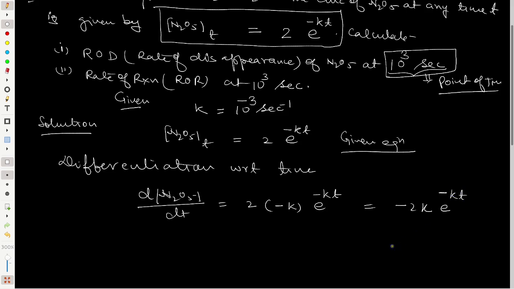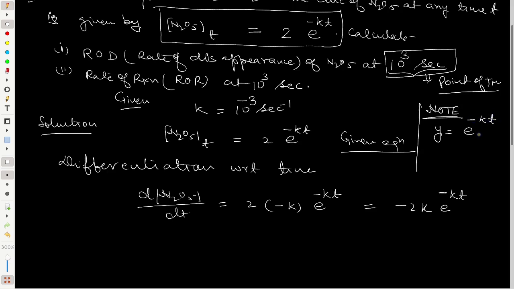Now dear friends, naturally you have a question: how do you differentiate this? Here I am giving you a small note. Suppose that y is equal to e to the power minus kt.